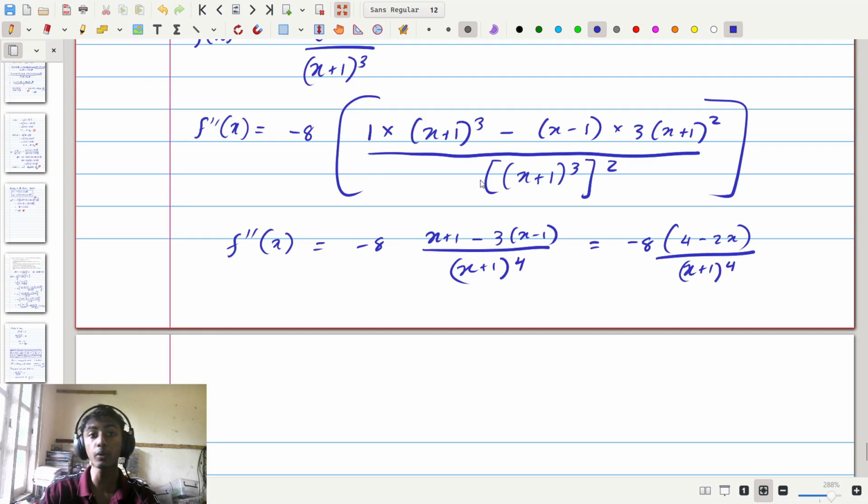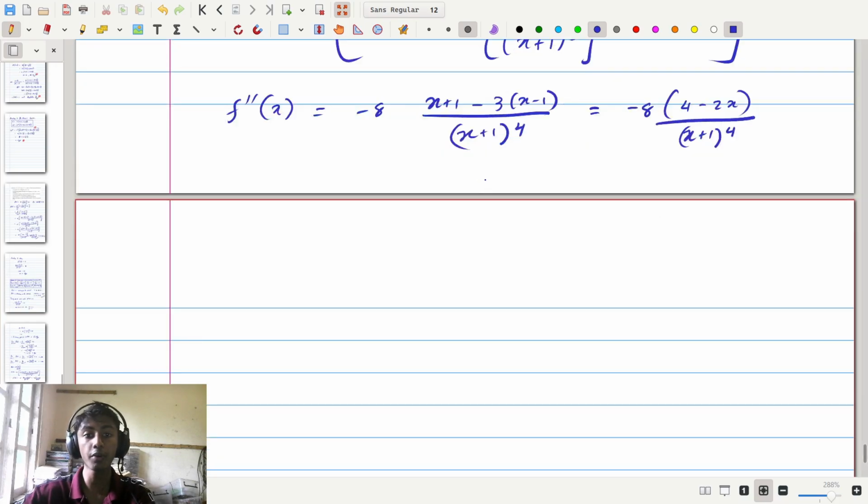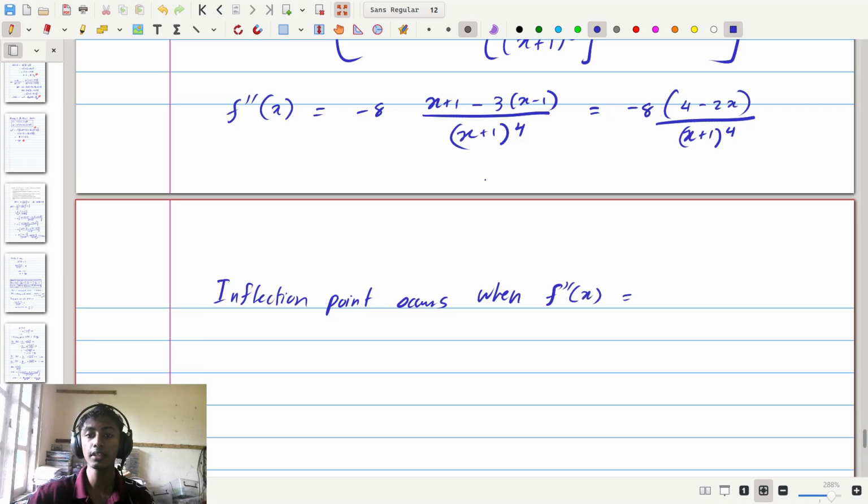Now if we take a look at the inflection point, it occurs when f double prime x equals 0. So we get the equation minus 8 times 4 minus 2x, which I'm just realizing you can factor out a 2 here to get minus 16 times 2 minus x divided by x plus 1 to the power 4 equals 0.